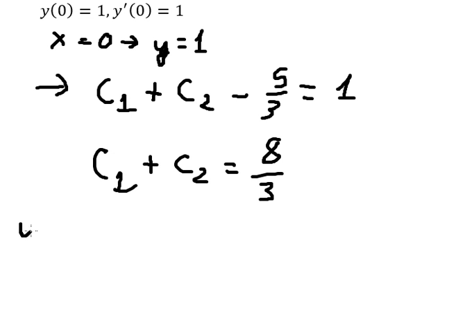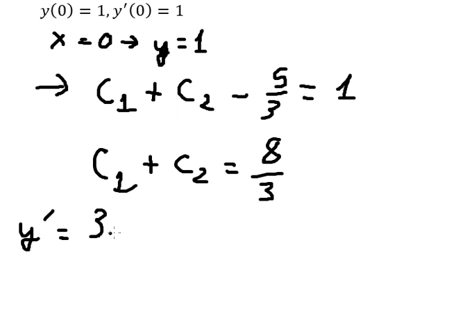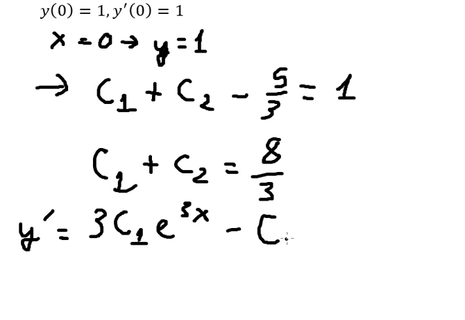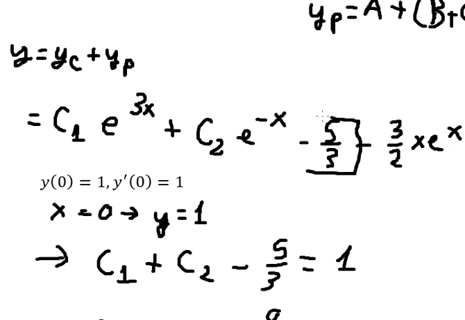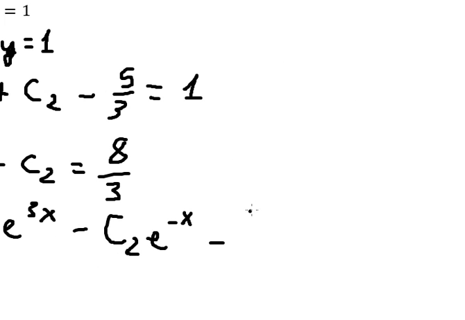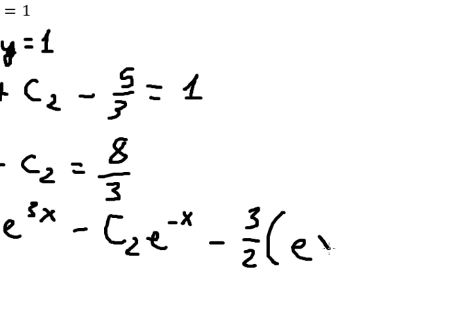Now we need to do first the derivative of y. So this one we have 3c1 e to the power of 3s, and this one we have negative c2 e to the power of negative s. This one, that is about the constant, so you got 0 in here. And the second one, we do first the derivative of s, we have 1, and the second one s e to the power of s.